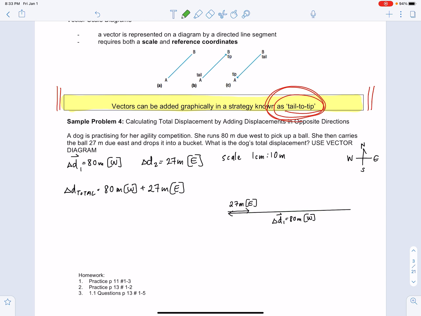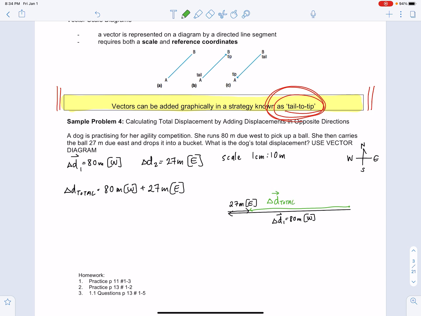Okay, it's a little too close for you to see any difference. Here's the tail of the first vector, and I'm going to draw a line to the tip of the last vector. Your line should be perfectly straight because you've used the ruler. Now that's our answer. This is our total displacement.